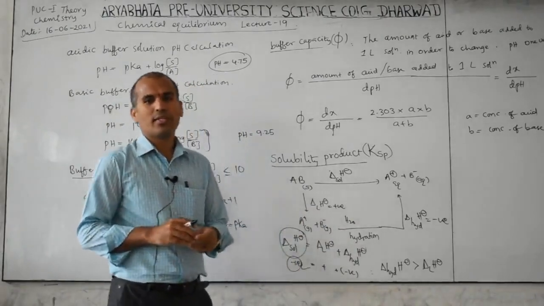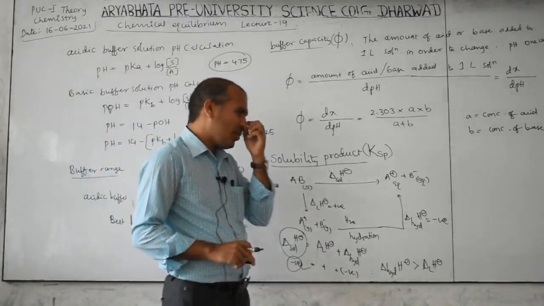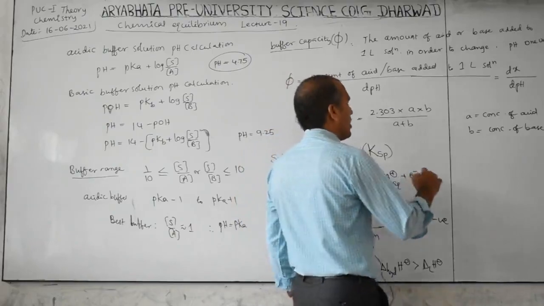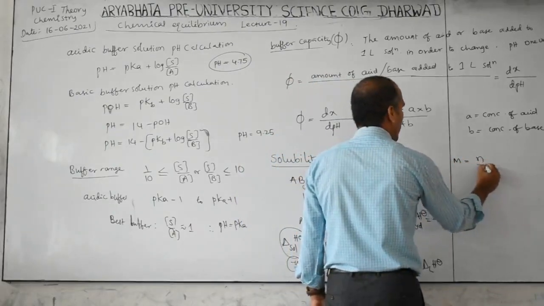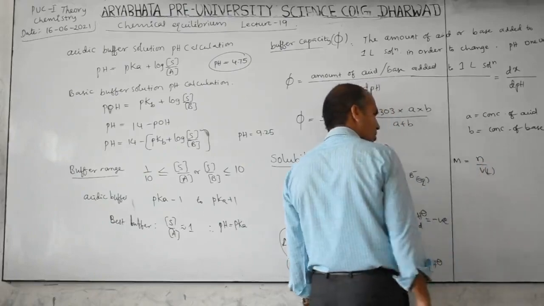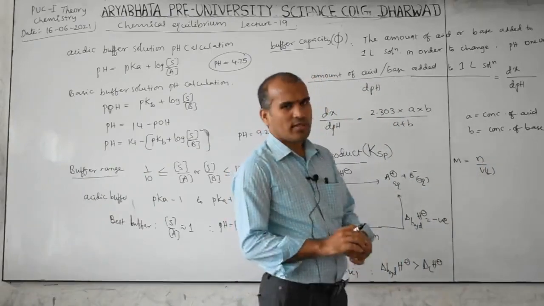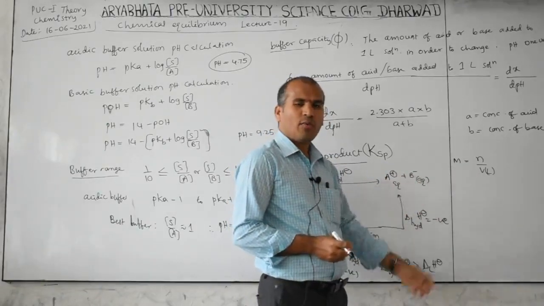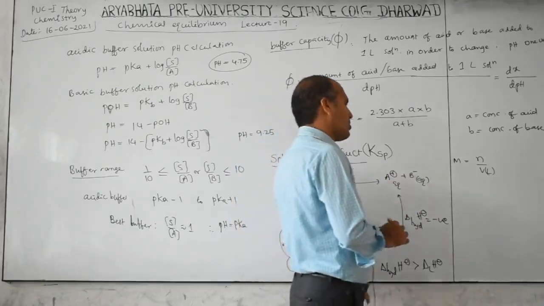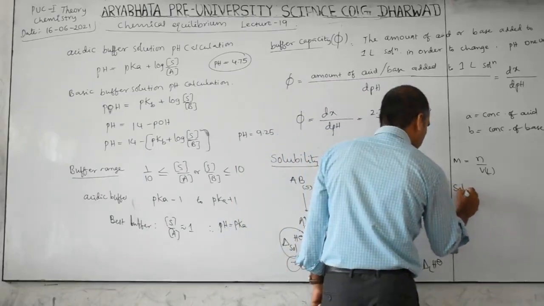So now we know solubility. What does solubility mean? Generally it is expressed in terms of molarity, that is n by V in liters: the number of moles of solute dissolved in a specified amount of solvent. This is called solubility.